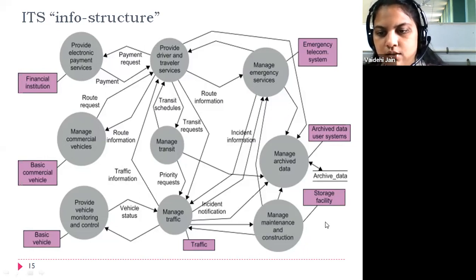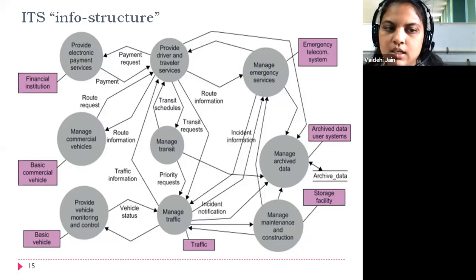So this looks very complex, but it is not. It is very simple to understand: just the term traffic management. For traffic management, we require some information regarding the vehicles, routes, trips, and the finance.